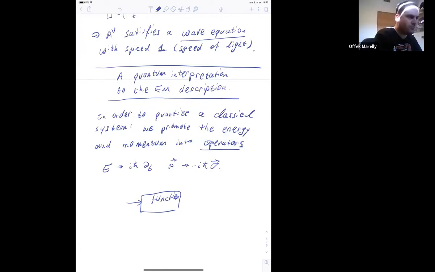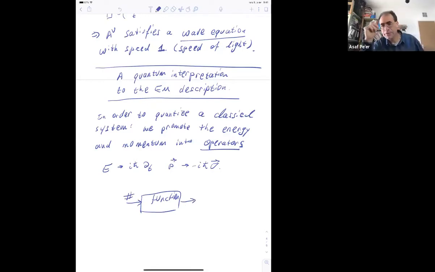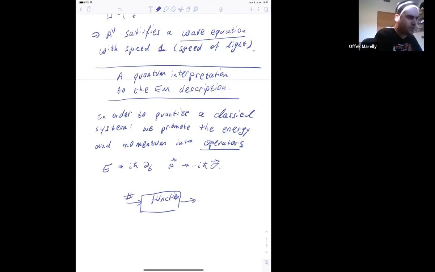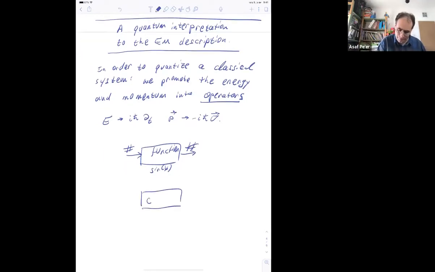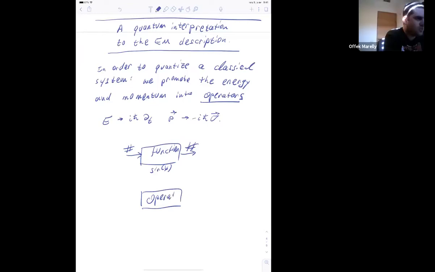A value, a number. What gets out of the box? Another value, another number. So sine of x, I put in the value x, I get the value of sine of x. That's a function. What is an operator? The same only with vectors? It's a box. It's a function.